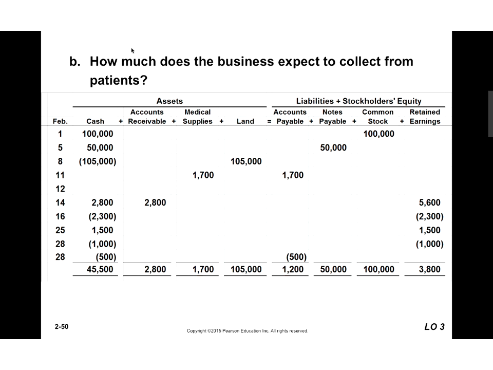Next question, how much does the business expect to collect from patients? Well, what's the balance of accounts receivable is what it's asking. How much we expect to collect from patients is going to be the 2,800, the total of that column.